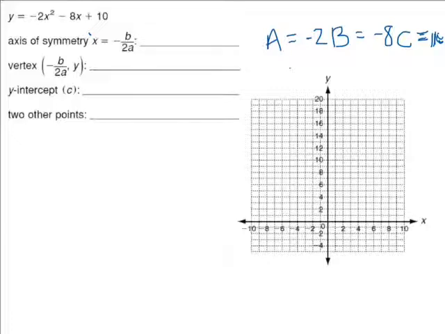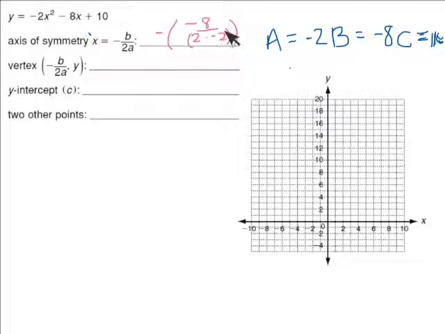So, let's calculate that. Negative, parenthesis, whatever B is, which is negative 8, over 2 times negative 2. I'm going to put those in parentheses because we want to do that first. 2 times negative 2 is negative 4.